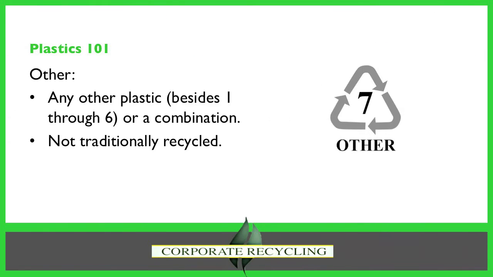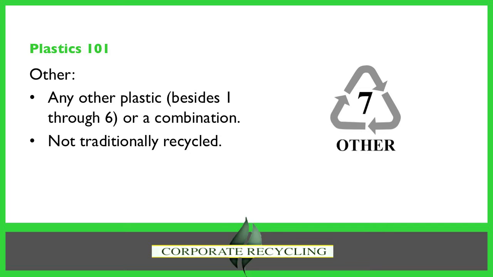And finally, number 7. Number 7 is universally known as other. So if you see a container that has a number 7 symbol on it, that means any other plastic besides 1 through 6 or a multi-layer combination of different types of plastics.